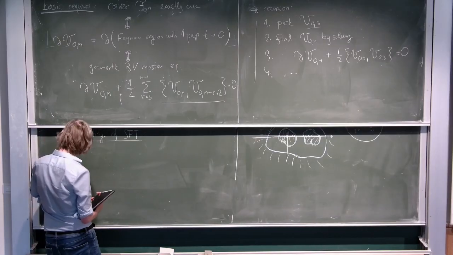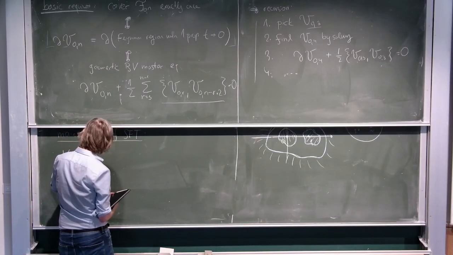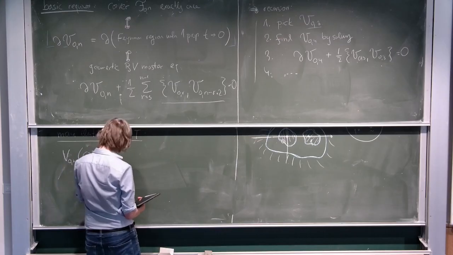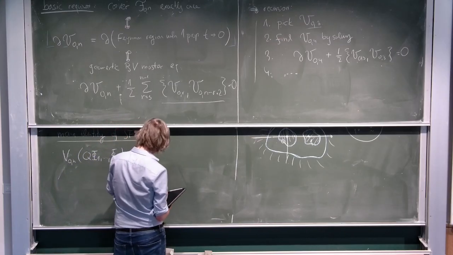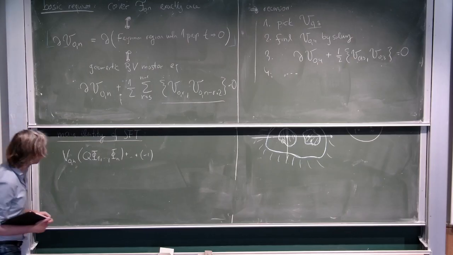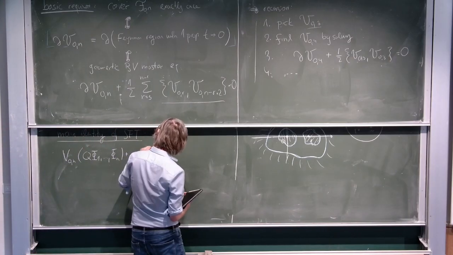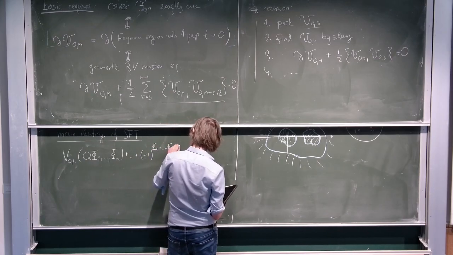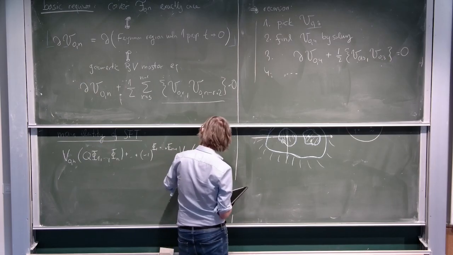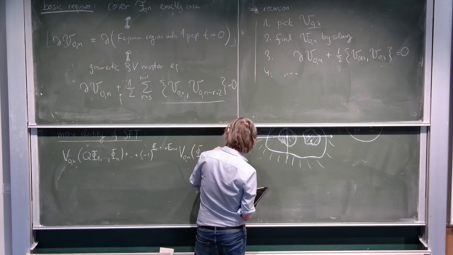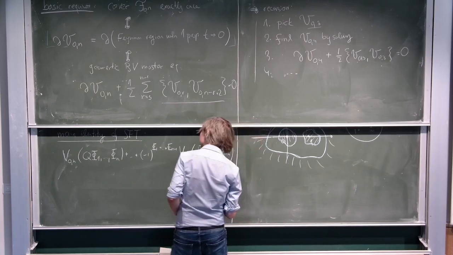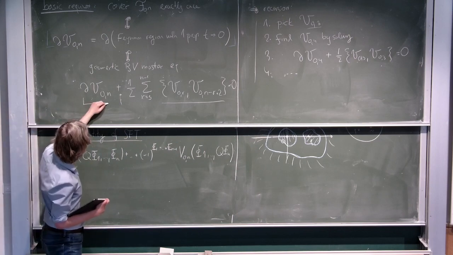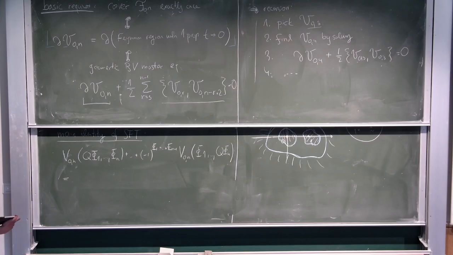And it can be phrased as follows: V0n acting with Q on all the insertions of V0n, of course, with the appropriate signs, right? So Q is degree odd, so we need to pay attention to the signs when we pass it around individual insertions. So this should be thought of as corresponding to this term of the geometric BV master equation.